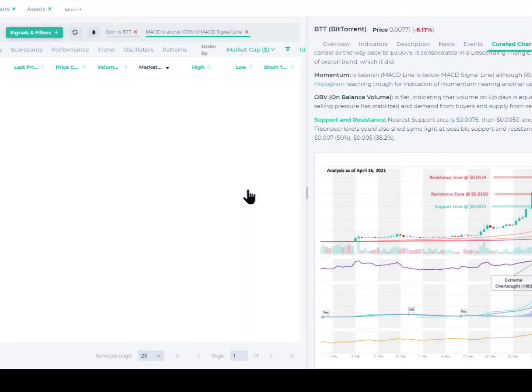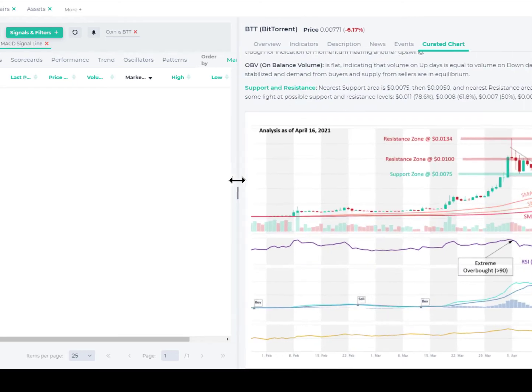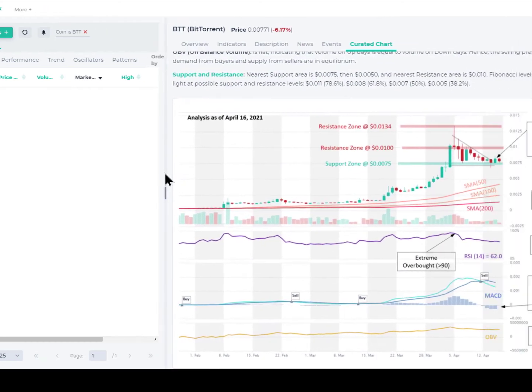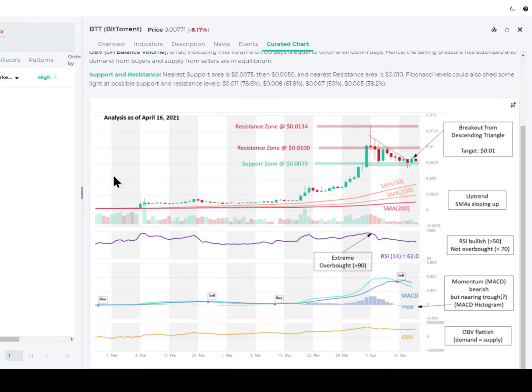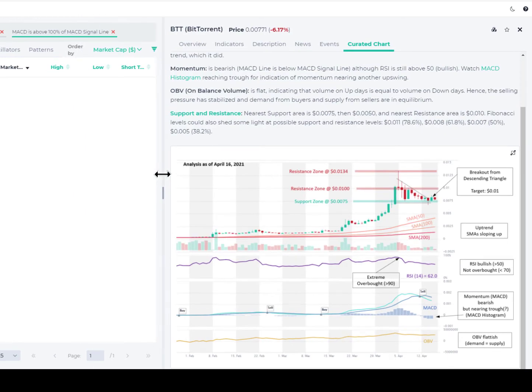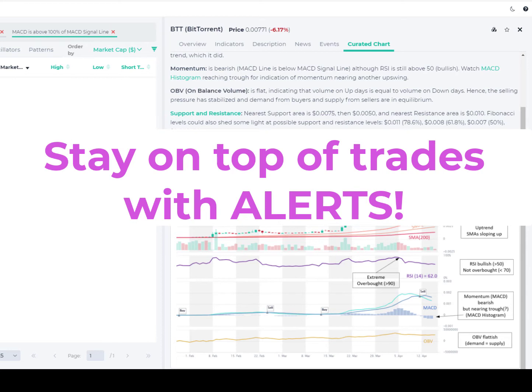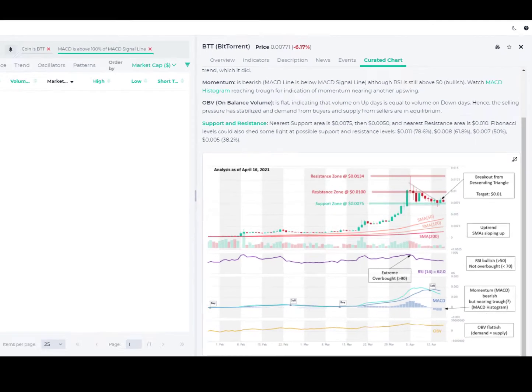Now the system will alert me when there are opportunities either at the support zone, or if there's a breakout through the resistance zone, or there's an overbought situation. I could create also another alert for oversold situations. These are the key things that you have to keep in mind and give yourself a chance by setting up the alerts to stay on top, especially if you have like 30 or so coins that you keep track of. There's no way you can stay on top of it without alerts.